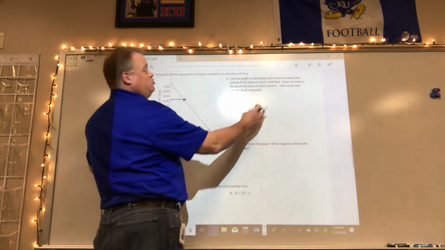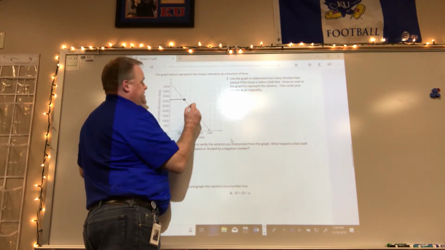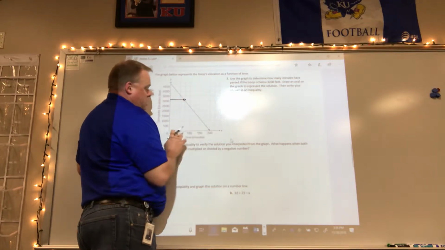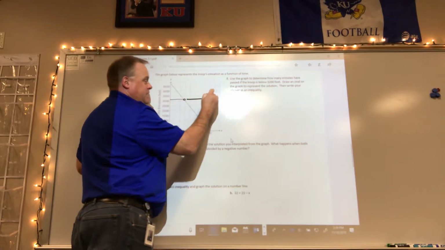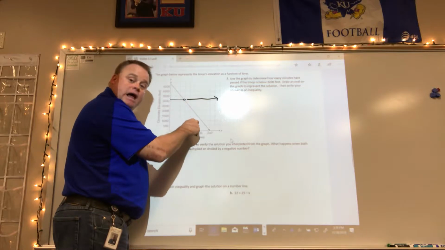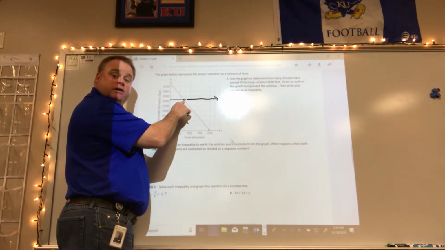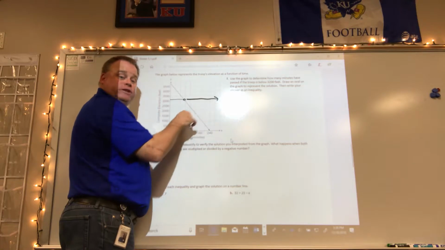Now, it says draw an oval on the graph to represent the solution. What it means is that anything past this is going to be below. Anything past this point on the x-axis going this direction is below 3,200, and the reason why is that we're going down, descending. So I know if this is the spot of 3,200 on my x-axis, then anything past that is below 3,200.